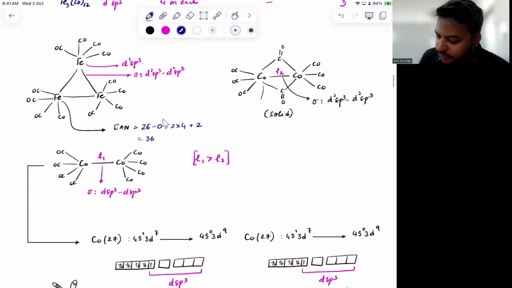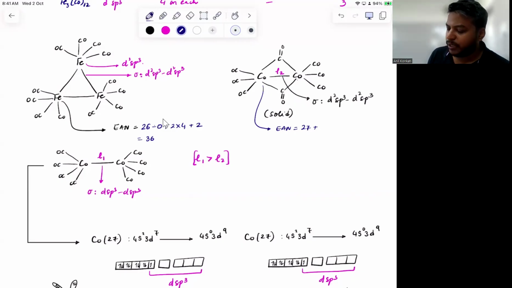Check out here also. EAN in this case. 27. Okay. Plus oxidation state is 0, plus 2 times how many actual ligands do we have? 3. Okay. Terminal ligands. You should always count the terminal ligands first.